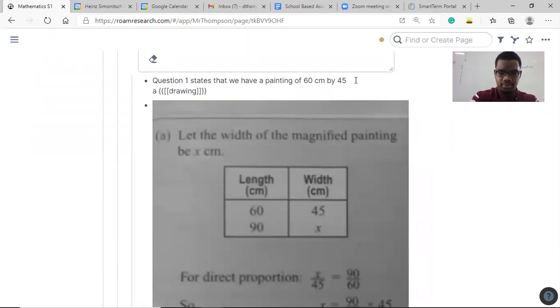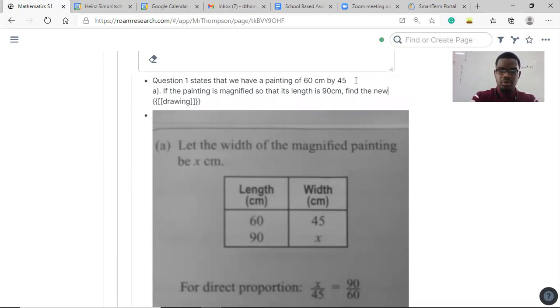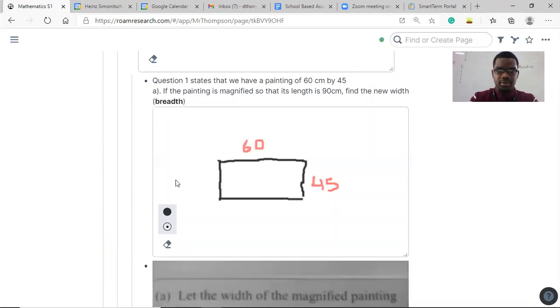And it says A, if the painting is magnified so that its length is 90 centimeters, find the new width. And what do we say another word for the width was? Nobody's answering? It's gonna be the breadth. Okay?